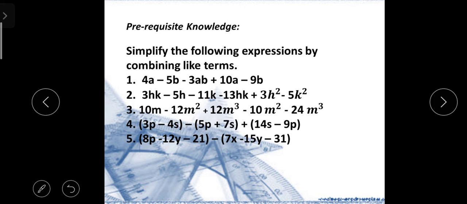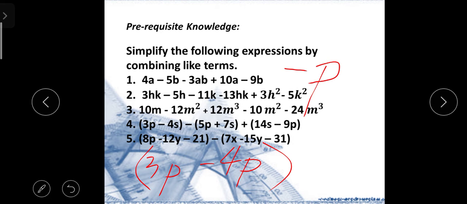Kasi hindi mo naman siya kayang i-simplify eh. Okay? Pwede lang siya kung halimbawa ito ay 3p minus 4p. So, pwede natin siyang i-simplify magiging negative 1p or negative p and then meron pa ulit negative dito sa labas. Okay, ganun po siya.